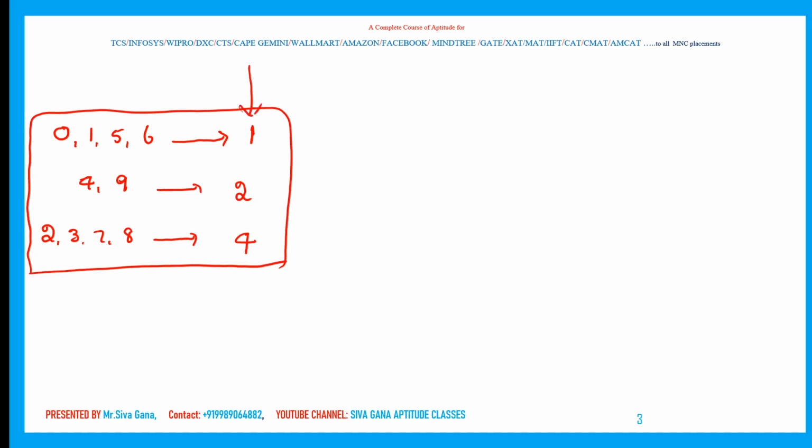Now, a very important point. What is cyclicity? After how many powers the unit digit is repeated is called cyclicity. Now, the cyclicity value can be 1 or 2 or 4.